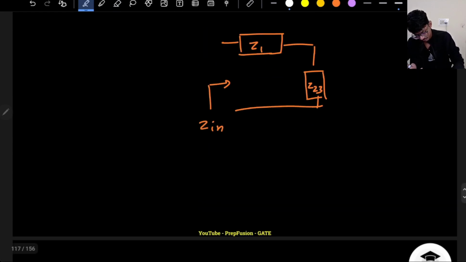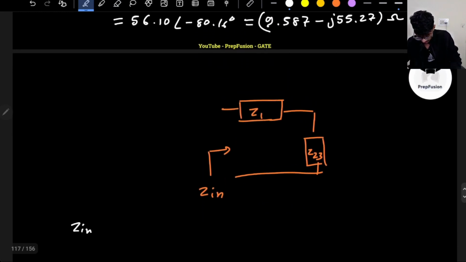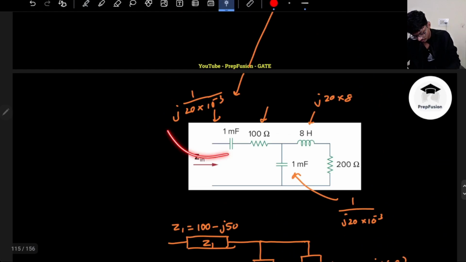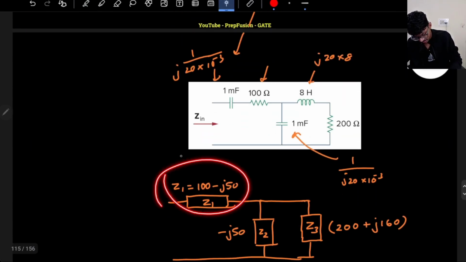Okay, so your Zn ultimately is Z1. What is Z1? Z1 was, if you remember, 100 minus j50.